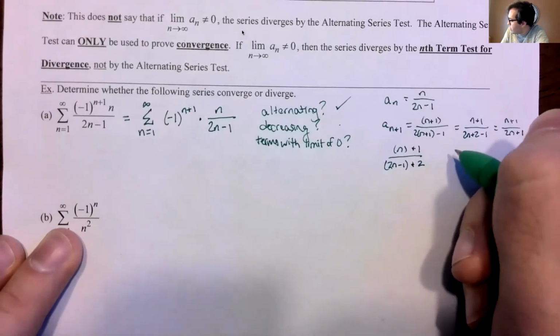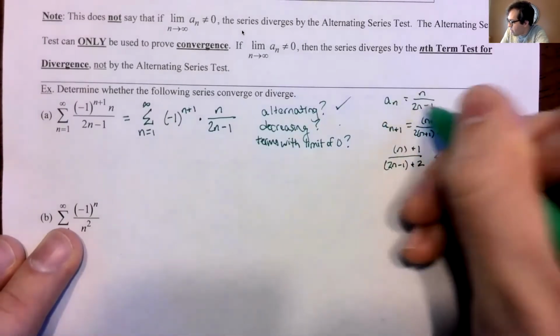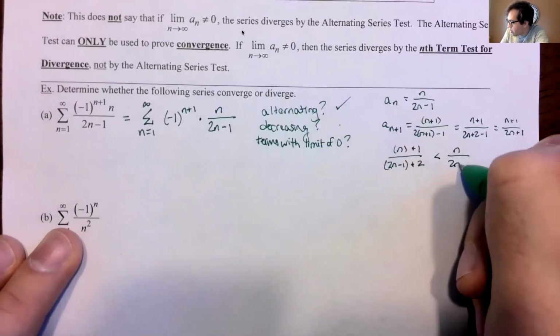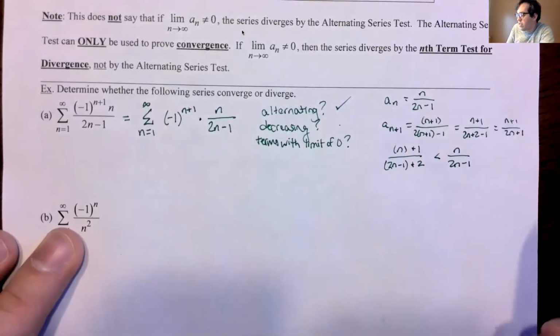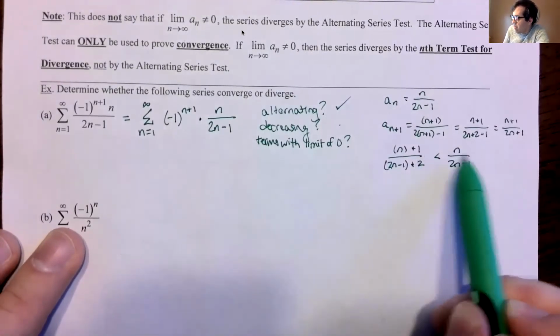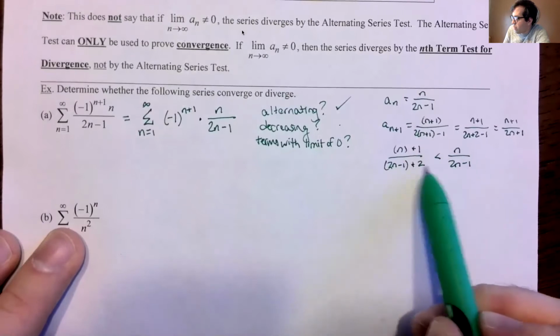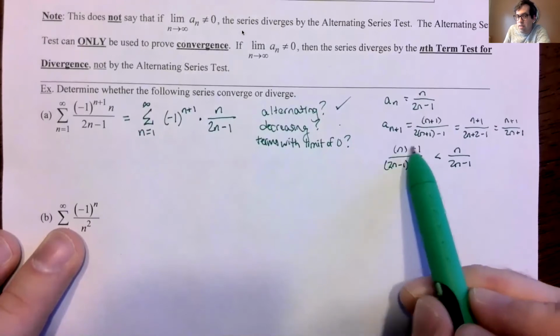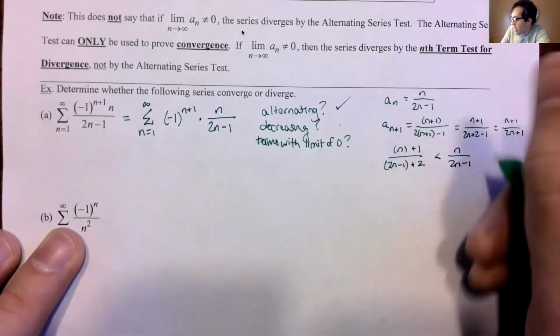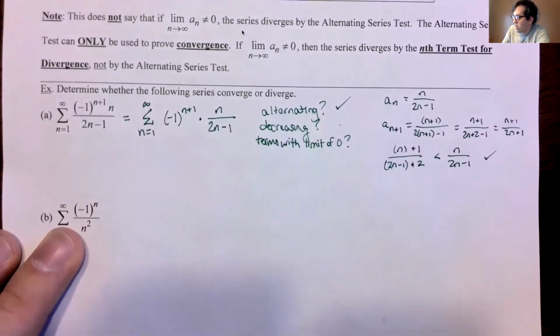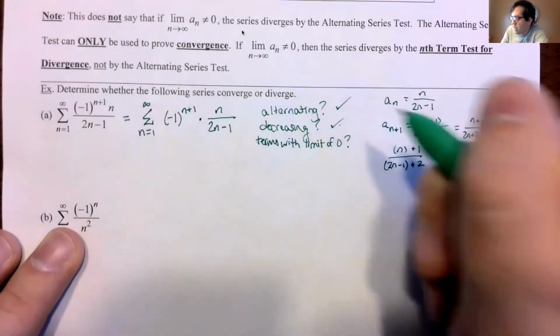And I'm going to try to show that that's less than the original. Hopefully you can see that every time we're adding 1 to the numerator but adding 2 to the denominator, so our denominator is growing larger than the numerator is. So that is indeed correct. We are decreasing.